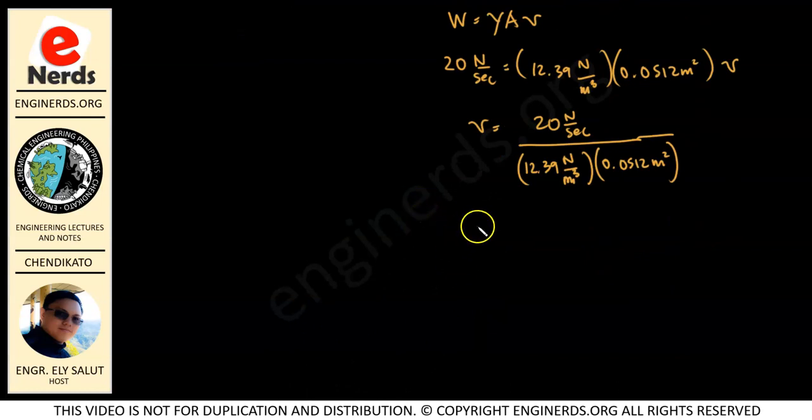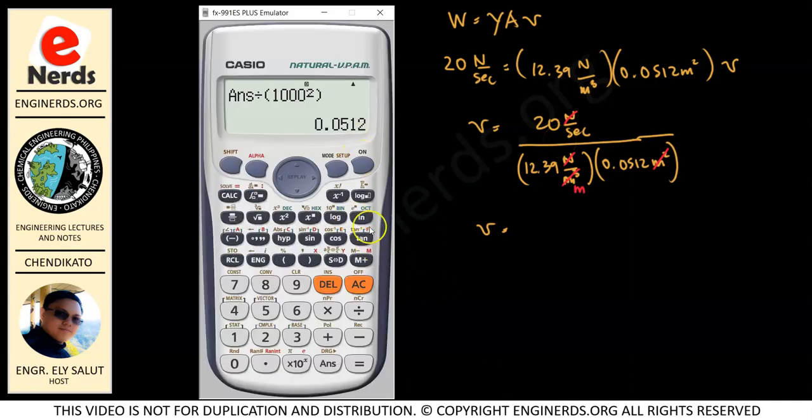Let us check our units. For the velocity, Newton will be cancelled out. Then we have square meter here and cubic meter here. Therefore, we have meters remaining, so our unit will be meter per second. Now let us solve for that.